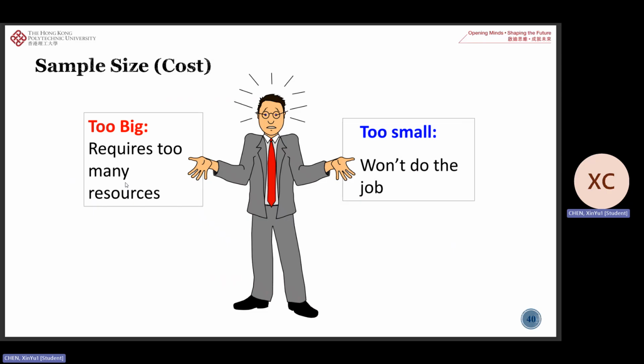Too many resources means that you spend lots of time to conduct the experiment 1 million times. Considering that you should publish many publications, it's not a good approach. But if it is too small, say you get the data from just 10 times, probably it's possible, but it won't do the job. It means we cannot trust the conclusion. So what researchers want to do is find some balance with academic justification. Justification is very important for your academic paper.